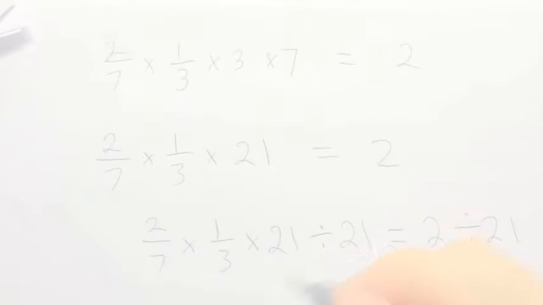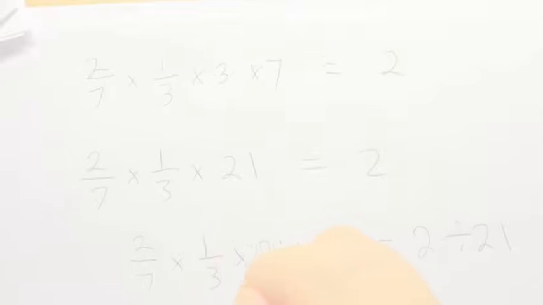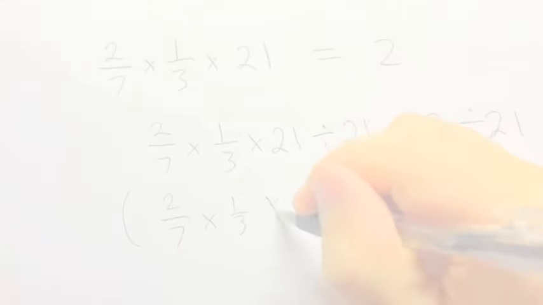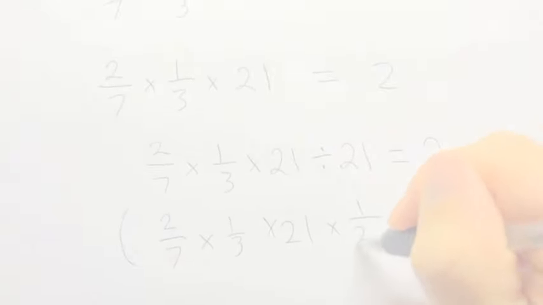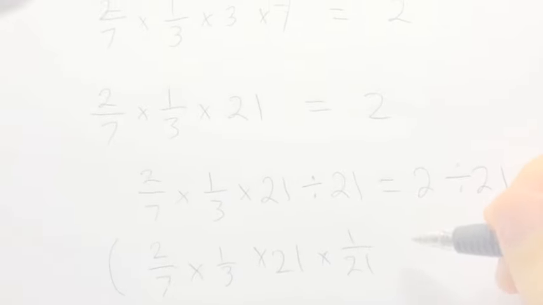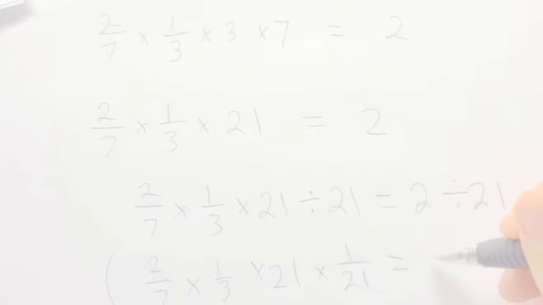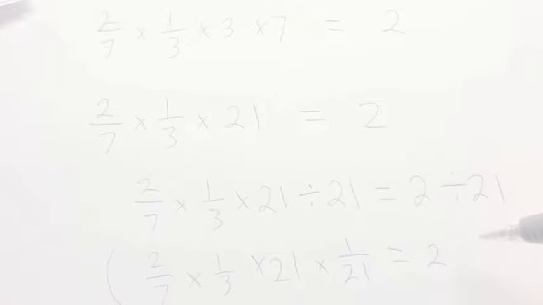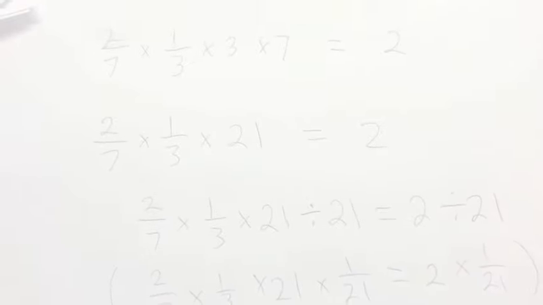Another way to write this is 2 over 7 times 1 over 3 times 21 times 1 over 21 is equal to 2 times 1 over 21.